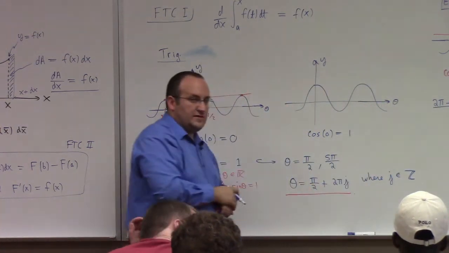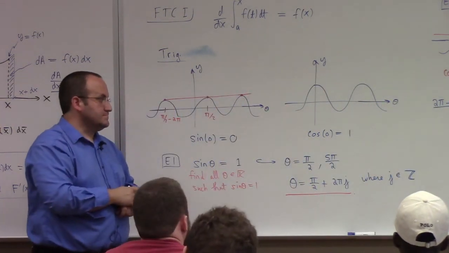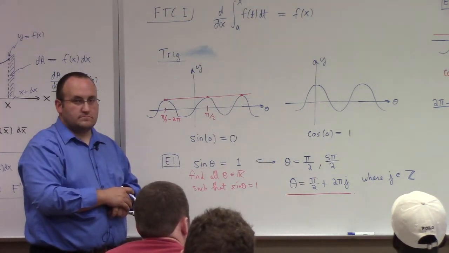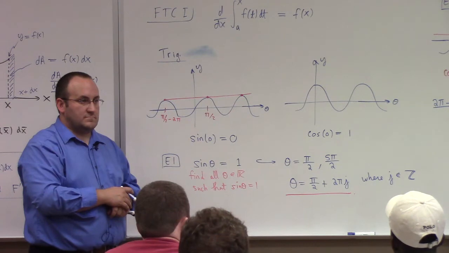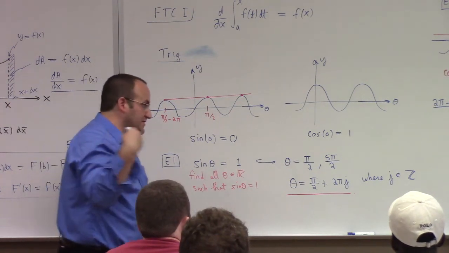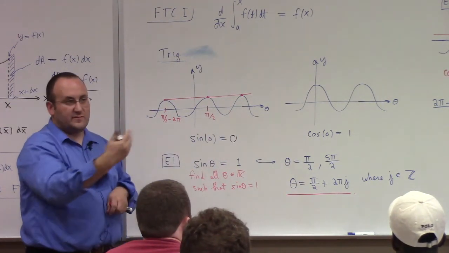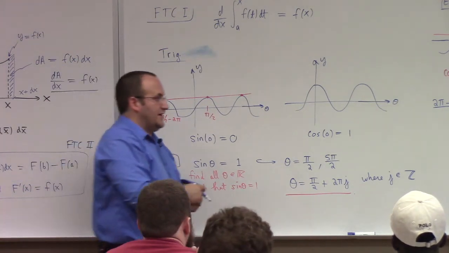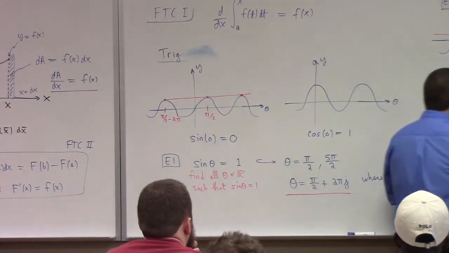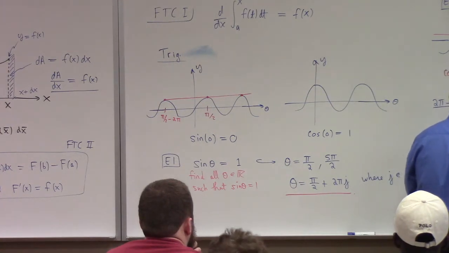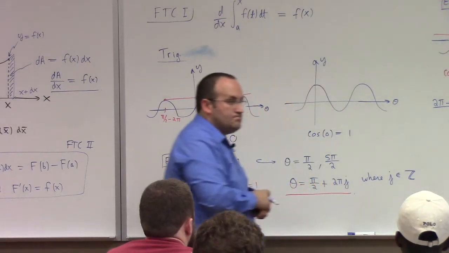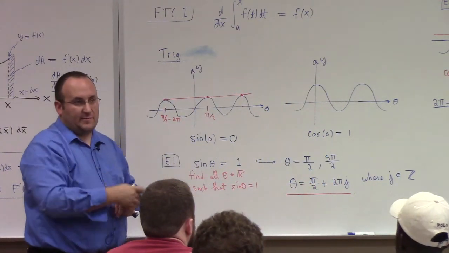Where j is an integer. If I go forward any multiple of cycles for sine or cosine, I'm right back where I started again, right? So I can just say sine theta and cosine theta here. These are fundamental truths about sine and cosine which help us understand their values, that always loop back any multiple of cycles.